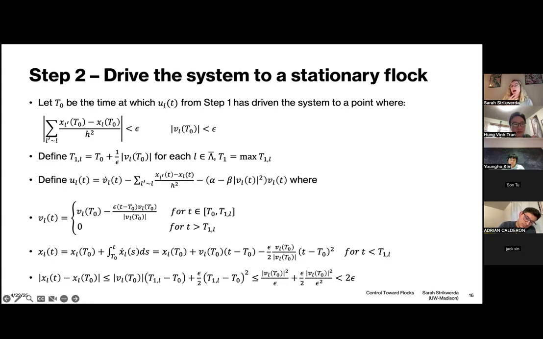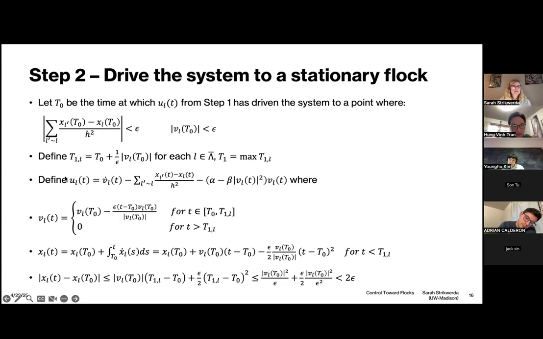Okay, so that's step 1, where we have the system and then we drive it towards a system that is close to having 0 velocity. And from step 1, we have that the discrete Laplacian at this t0, which is at the end of step 1, is less than epsilon, and that the VL of t naught is less than epsilon.